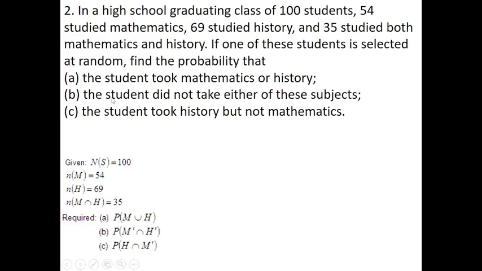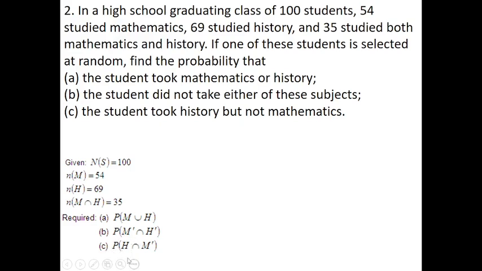Letter C, the student took history but not mathematics. So in here, as you notice, we are to determine the probability that the student took history but not mathematics. Kaya meron siya ditong H intersection M prime. So sabihin niya, history lang yung kanyang tinitake. No? History lang.